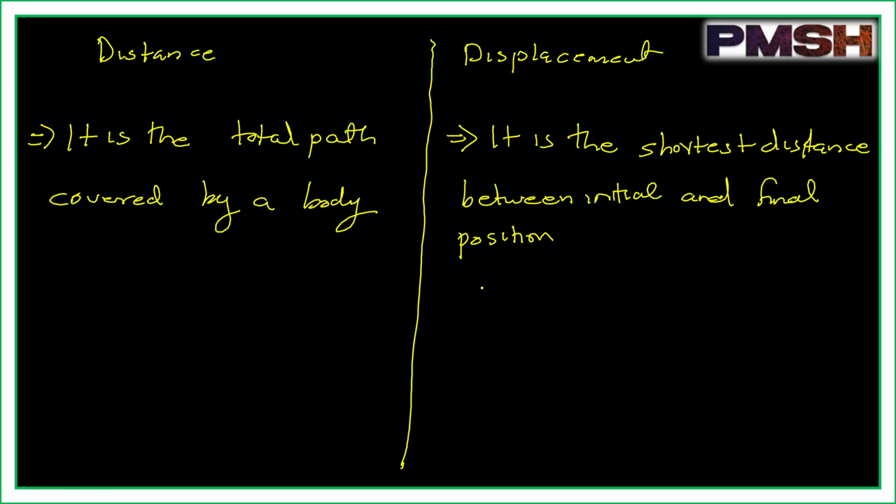And we know distance is an example of a scalar quantity, right? We do not specify the direction, we only tell about the magnitude, therefore it is a scalar quantity. Whereas displacement is a vector quantity.